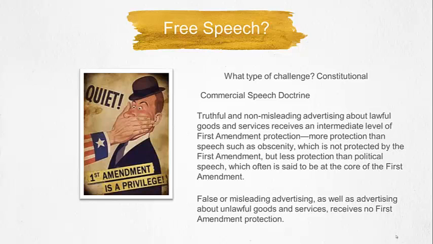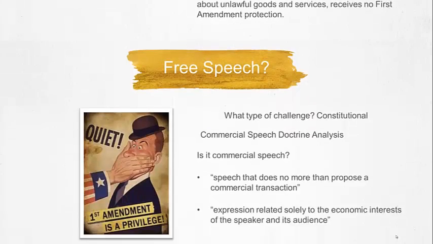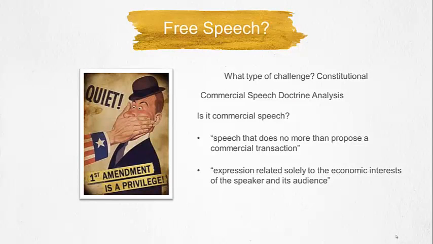We're in that intermediate level of scrutiny, and we have this whole criteria that we look at to see whether or not the government has a good purpose for regulating and tampering down that business or that industry from making the type of speech that it wants. We have this whole commercial speech doctrine. It's important to look at, important to see, and when that challenge does come up, that will probably be the angle that it looks at.